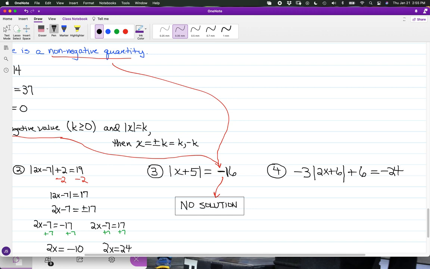Okay, so this is the first case where we have explicitly a coefficient in front of the absolute value notation. And what you're going to do here is that you're going to treat the absolute value of 2x plus 6 differently from where you would have 2x plus 6 in parentheses. So you're not going to distribute.